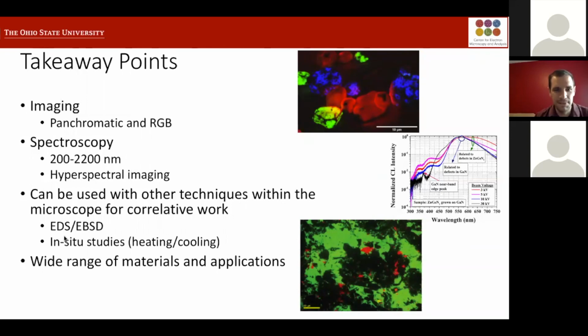And definitely it's easy to use it with EDS, EBSD to correlate within the same instruments. And as I kind of showed, there's just a huge range of materials and applications that can be used. And it's very used in a couple applications, but it's always fun to see what new ideas people have for it.